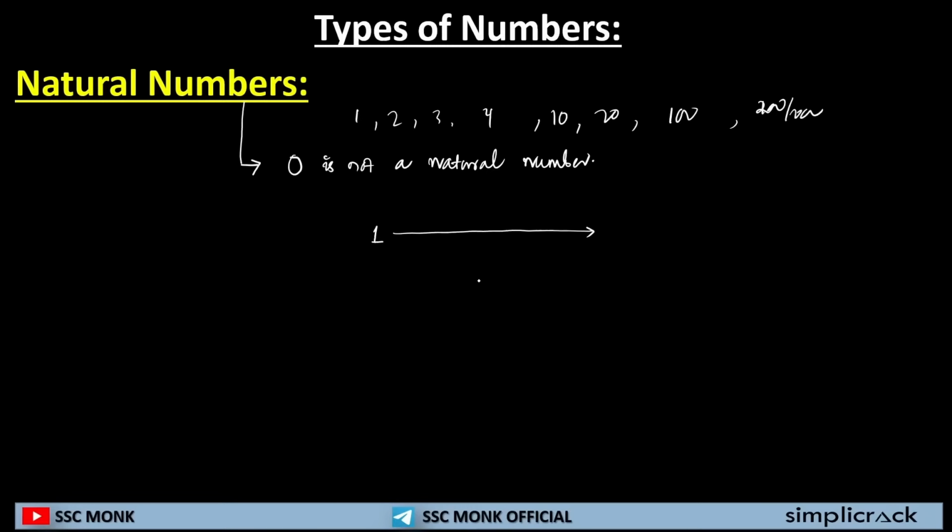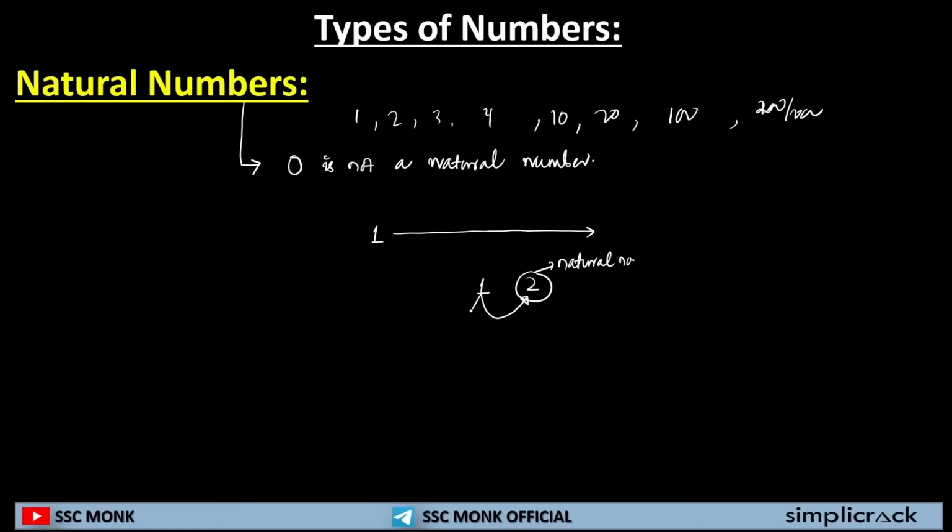Now, 1 is a number. What is its successor? Successor means after 1. That is 2. Now 2 is what? A natural number. Clear? If I ask, is there any number which is a natural number and is the predecessor to 1?